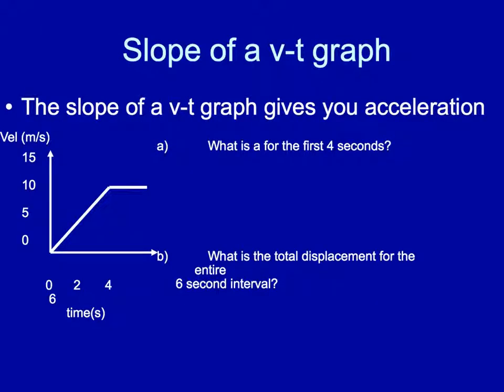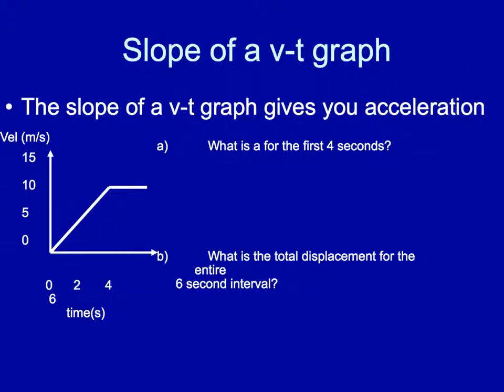The reason velocity time graphs are the best graphs ever is that the slope of a velocity time graph gives you acceleration, because slope is rise over run. So it's the change in speed divided by time, and change in speed divided by time is acceleration.